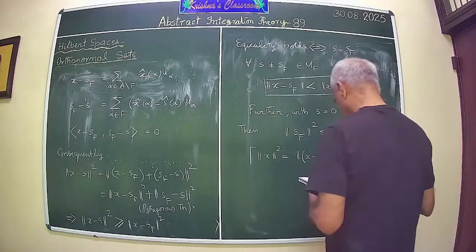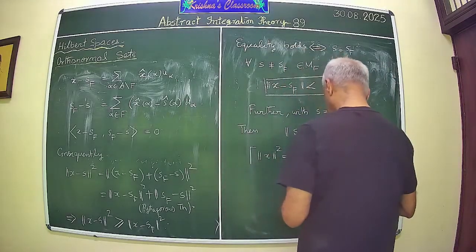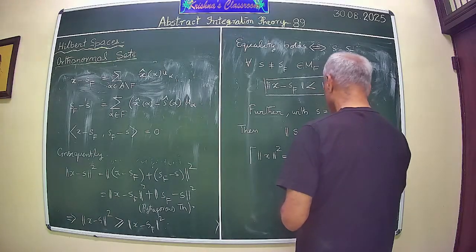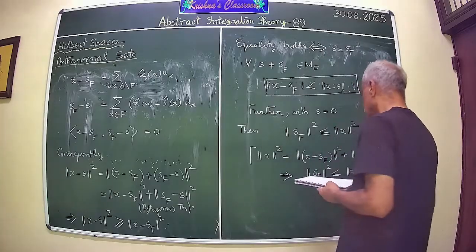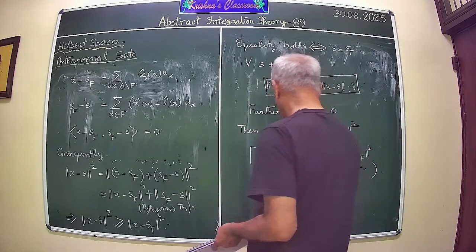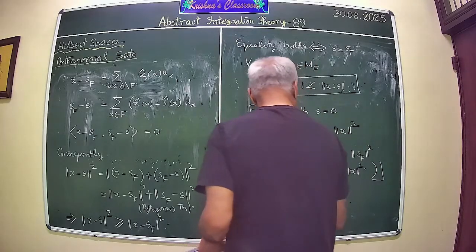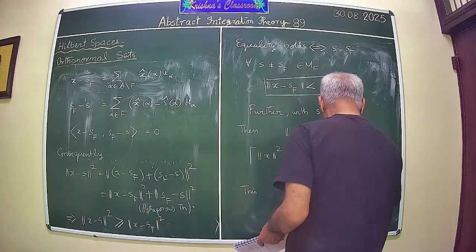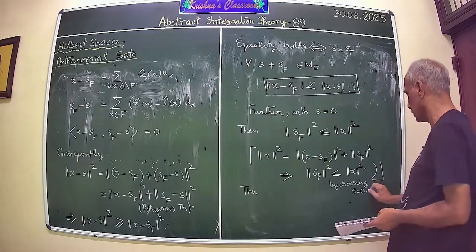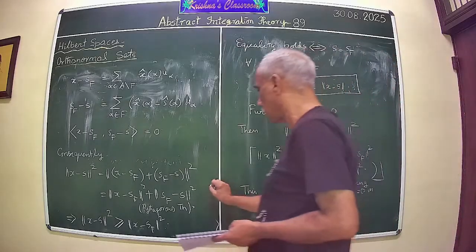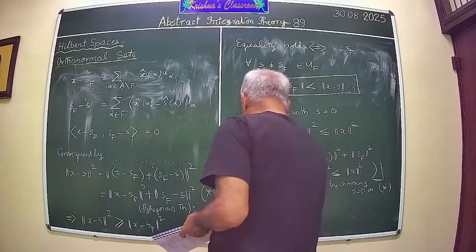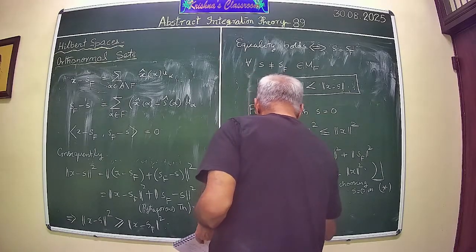This implies x square. That is, this is by choosing S equal to 0 in this inequality. This is called the Bessel's inequality.